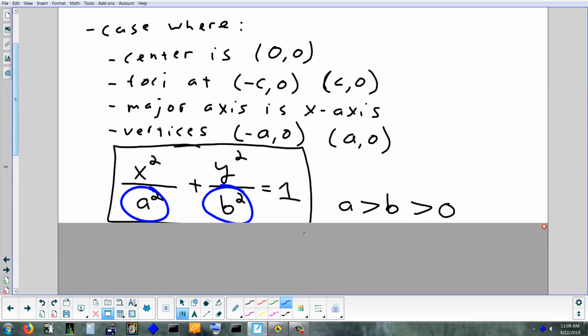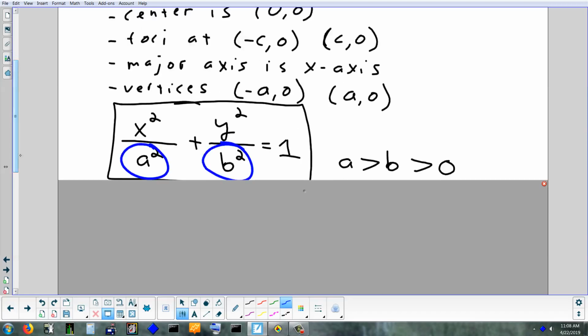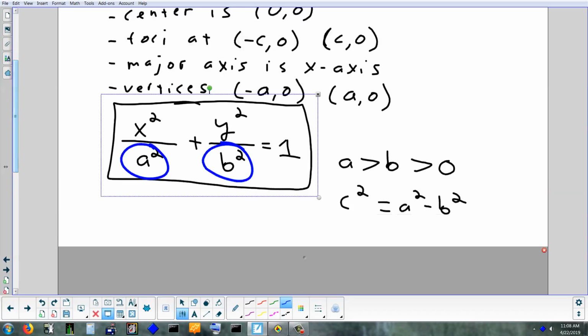Like if I gave you A and I gave you C, you'd say, okay, I want to write the equation, but I need B. Well, there's a formula that relates A, B, and C. As long as you know 2 out of 3 of the letters, you can find the third letter. The formula is C squared equals A squared minus B squared. It looks kind of like the Pythagorean theorem, but it has nothing to really do with that at all.